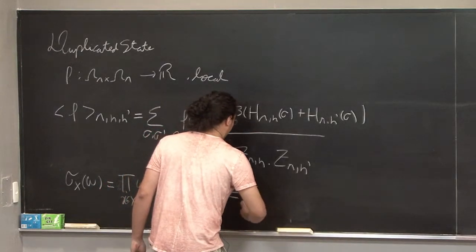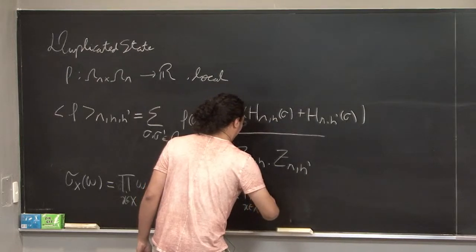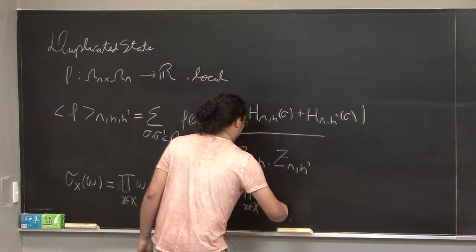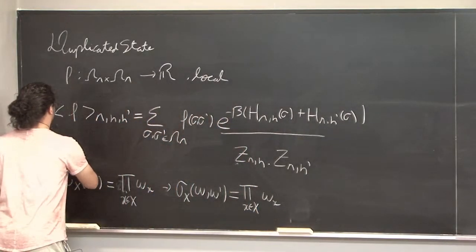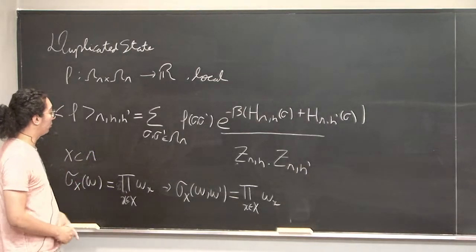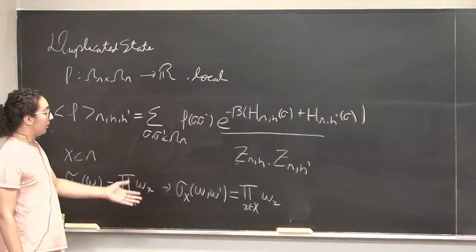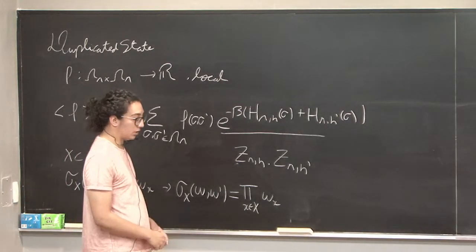You just ignore the second variable, omega x. Let me say X here is a subset of Z^d. So you just ignore the second coordinate, and you have this local function.